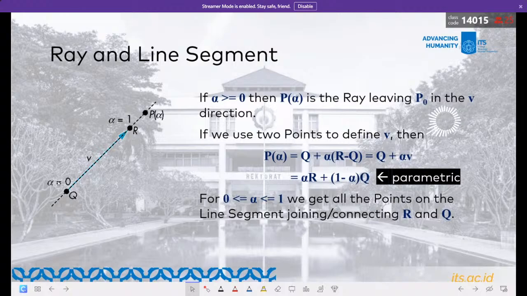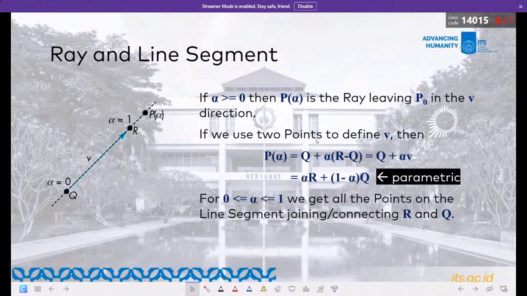Now, assume that this alpha will move not in a discrete way, but in a more continuous way from 0 to 1. So alpha should be bigger than or equal to 0. Then P alpha, the equation that we will have here for this line segment, is the line equation, the ray sinar leaving P0, which in this case is Q, in the V direction.